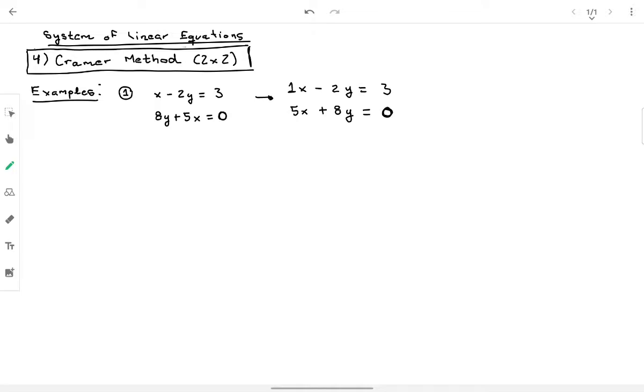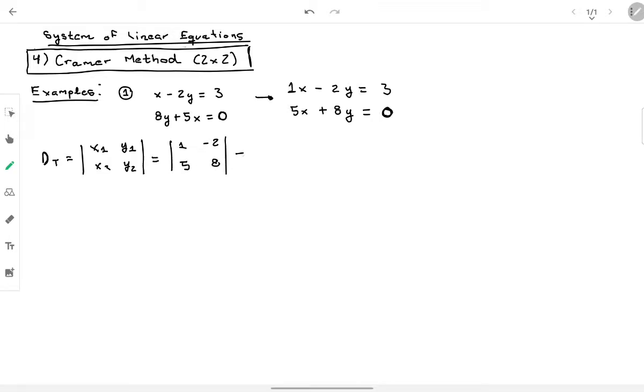So after having it correctly ordered, we can obtain the determinant of the whole system. Remember, that one is composed by x1, y1, x2, and y2. So it will be something like 1, minus 2, 5, and 8.